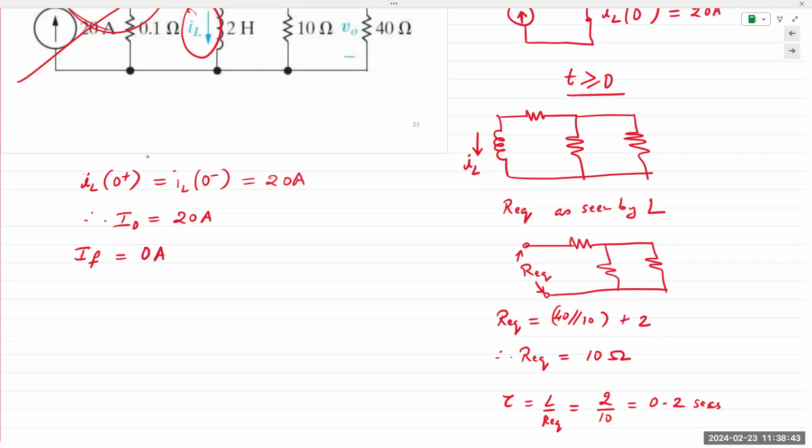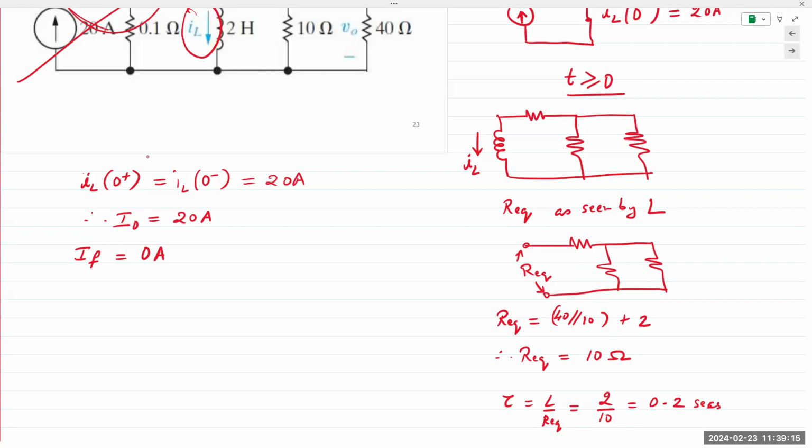We see that the source is disconnected. The fully charged inductor is now being discharged through the 3 resistors. We find Req, then we find tau. Once we find tau, we establish the initial conditions, the current in that inductor right after the switch is flipped, which is 20 amps. And then the final value for the current is 0.